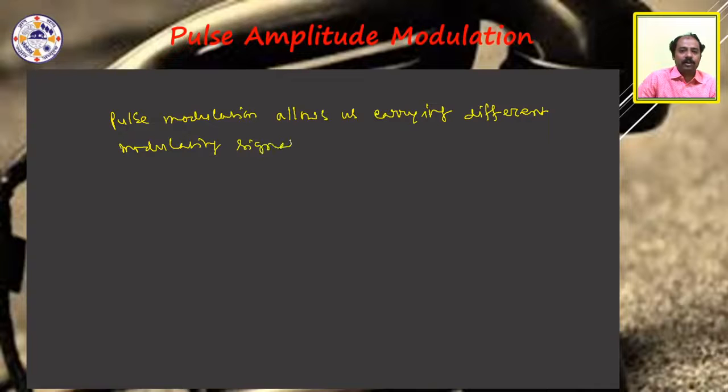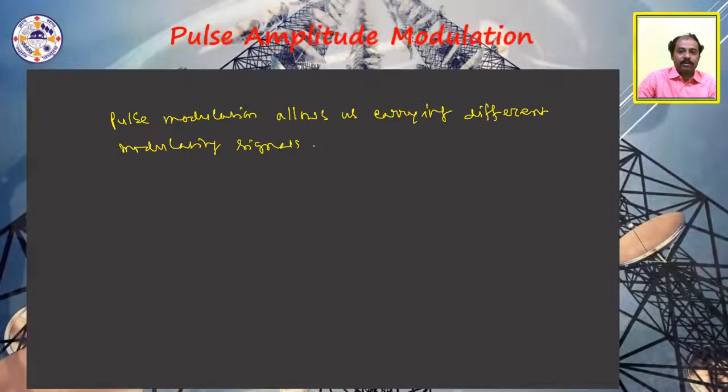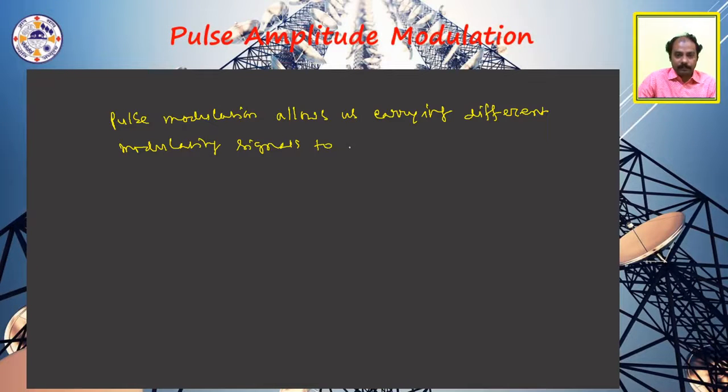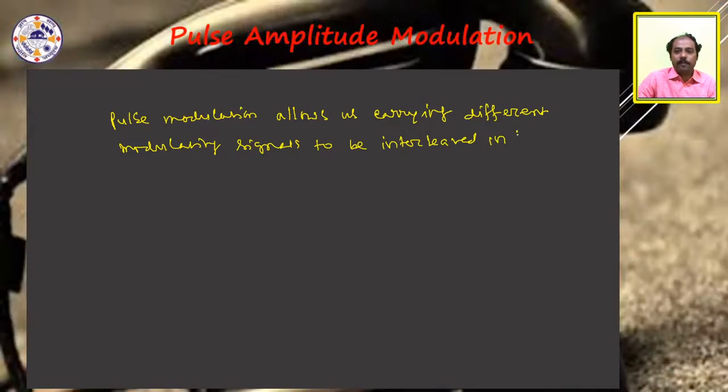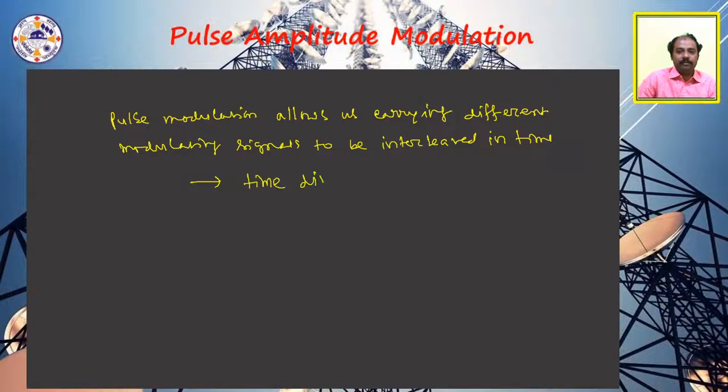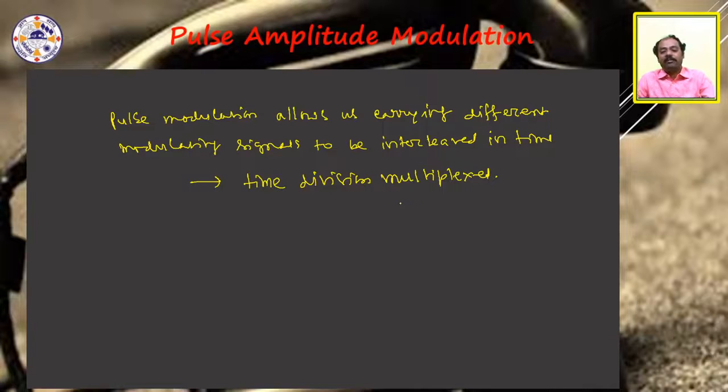I have shown here M1T and M2T, different modulating signals to be interleaved in time. This is called time division multiplex.